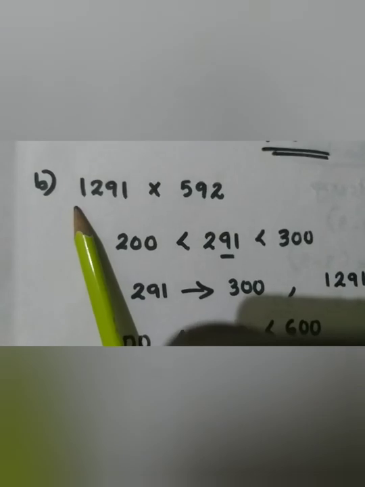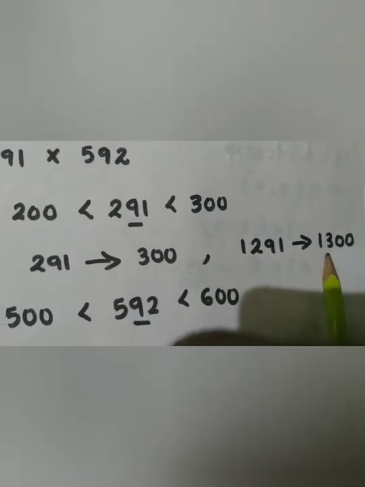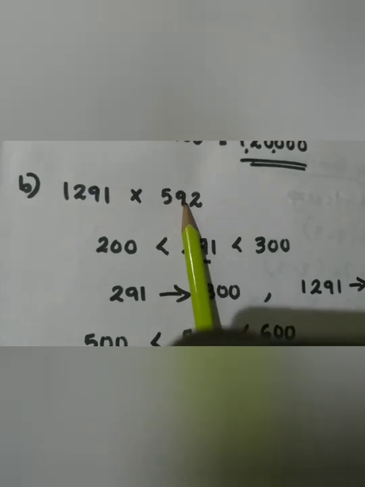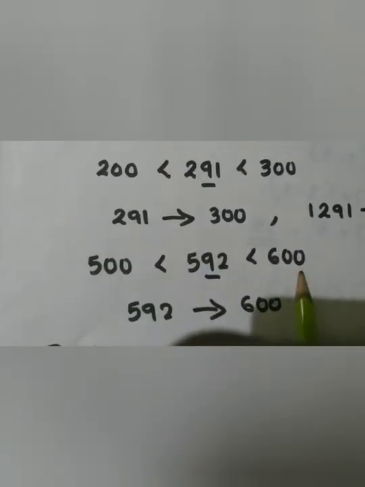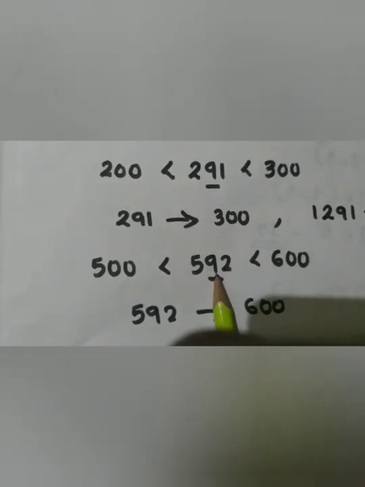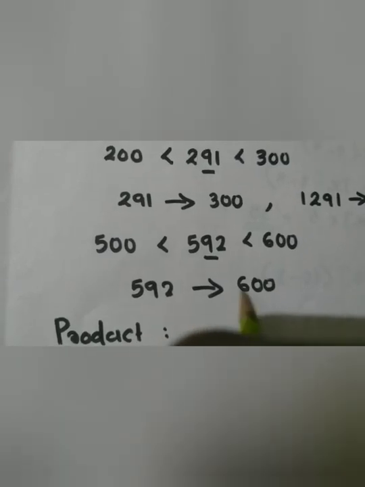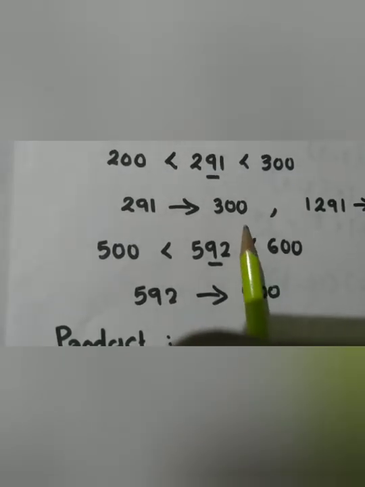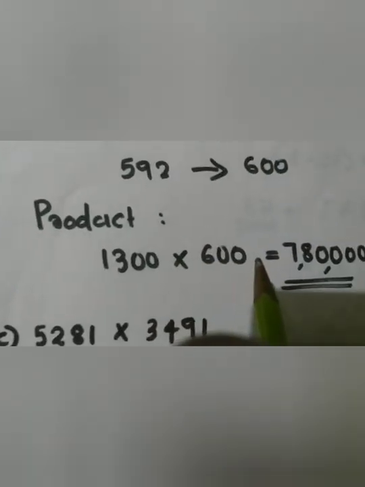That means 1291 is rounded to 1300. Next number is 592. 592 is between 500 and 600. Again 9 is coming here, so we are rounding up. So 592 is rounded to 600. So what we got? One number 1300 and the other one 600.